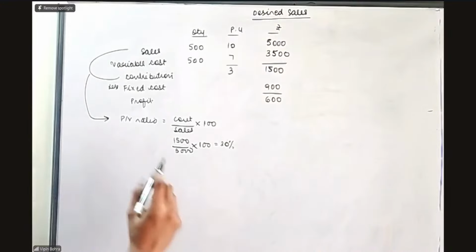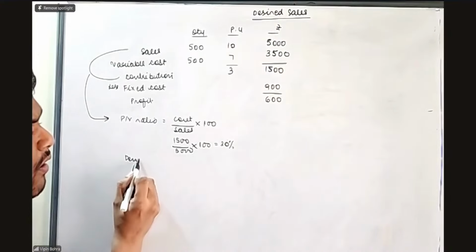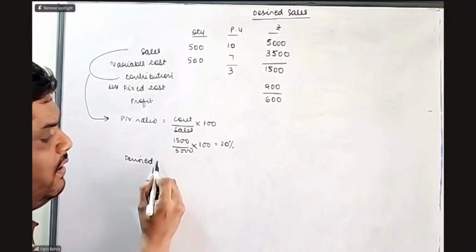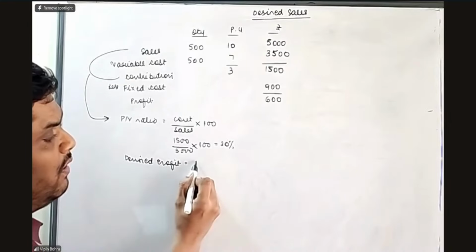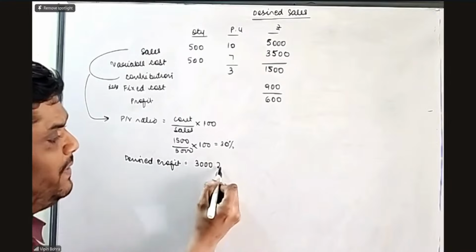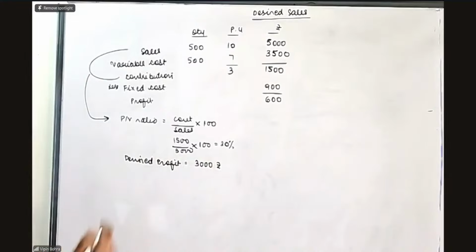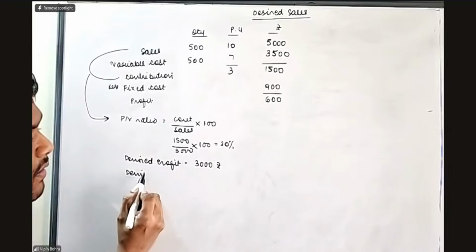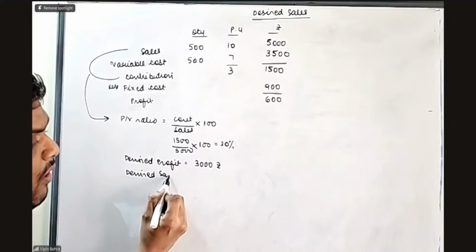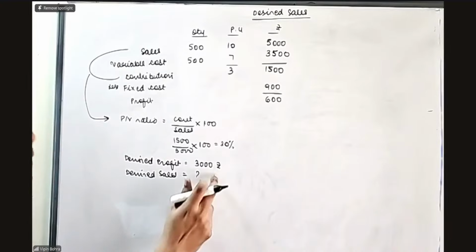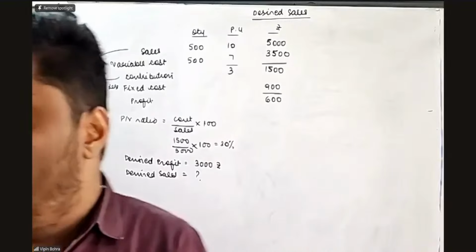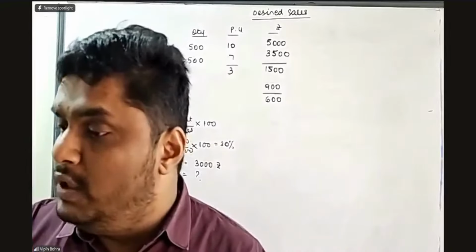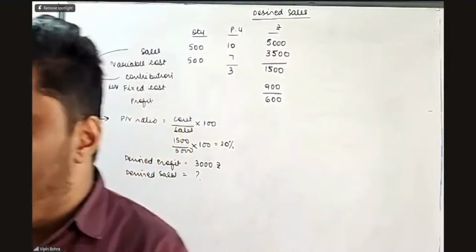Now, let's say I have a desire to earn a profit of 3,000 rupees. So how much sales is required to earn this profit of 3,000? Can you guys tell me? You can post it over the common group now. Don't post it individually.